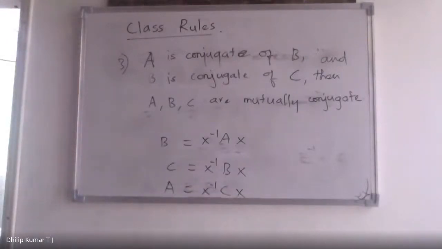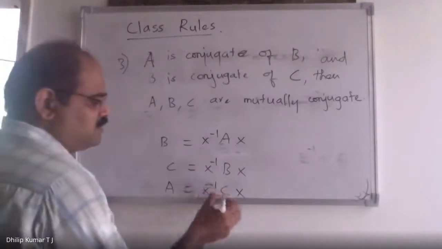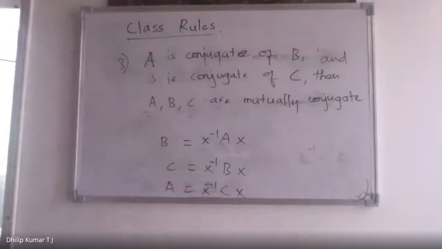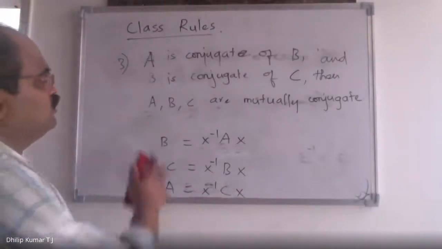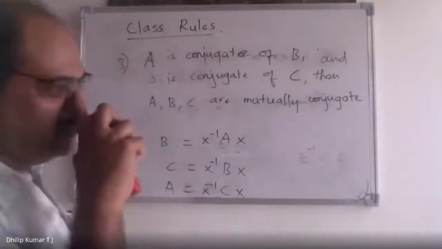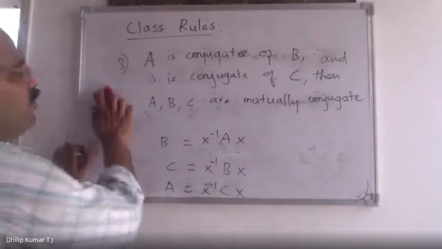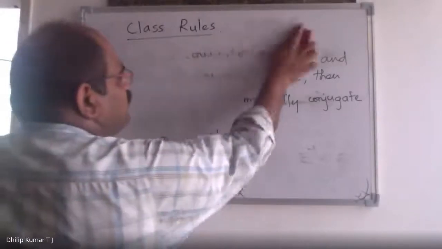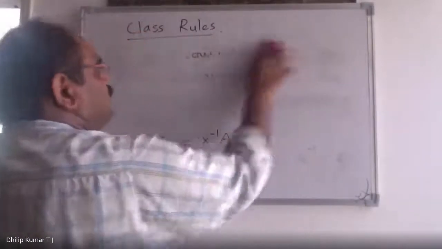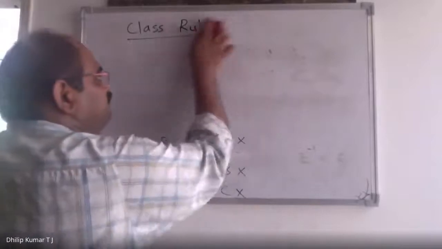All three are mutually conjugate if all three are present in the same group. So A, B, C will form a class. These are the three rules of a class, which we apply in our further study.